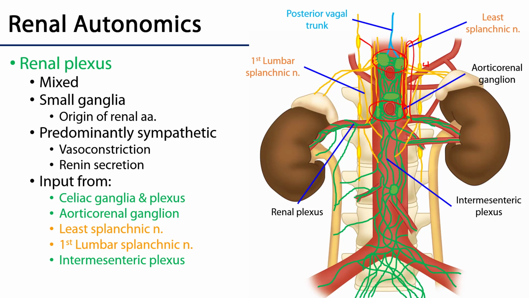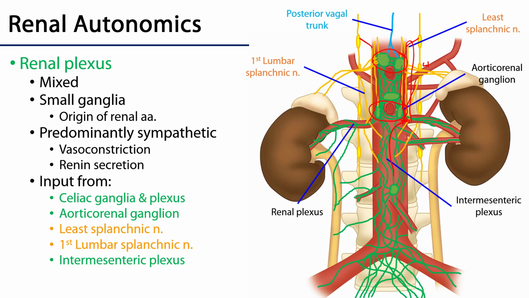So that would be the first lumbar splanchnic nerve. There's also going to be some input ascending from the intermesenteric or aortic plexus. So some of this is coming up from the inferior to the renal plexus. So this gives you the lay of the land here, serving the kidneys.